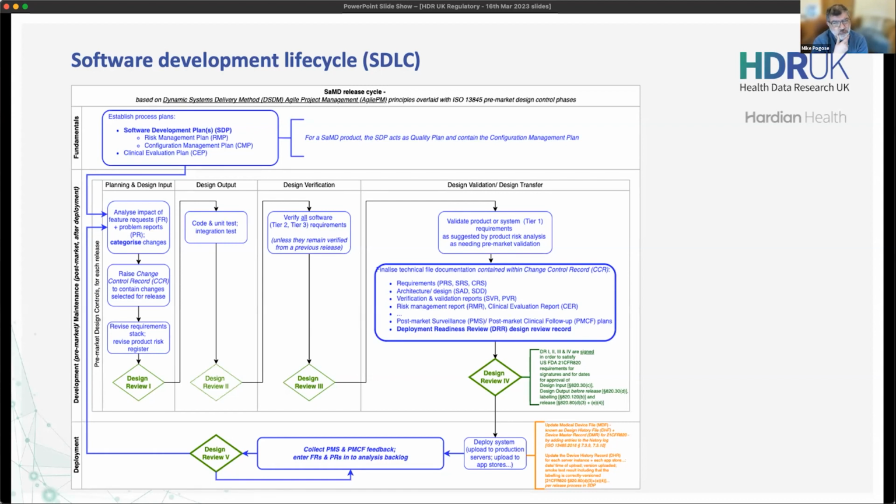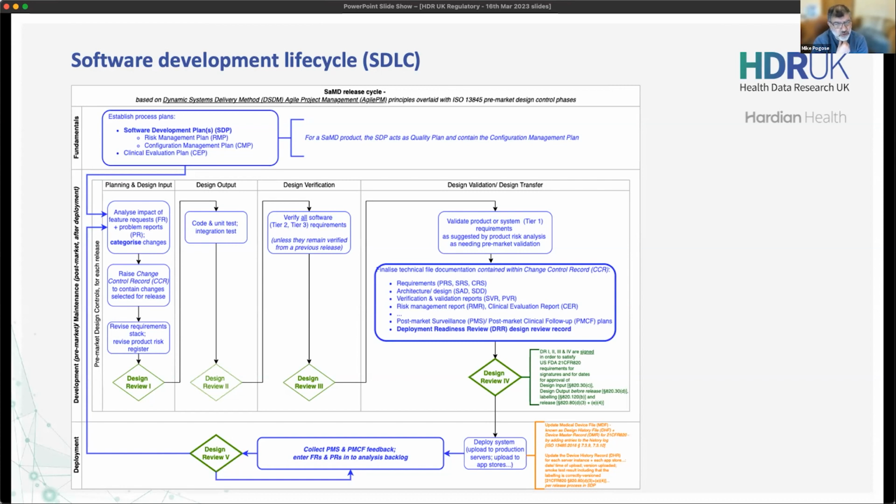And then we go through the ritual of what we call the design review or the deployment readiness review. Are you as a company satisfied that what you've set out to do in that release has actually been done, and you can release a safe, effective, and cyber secure new version of your product?